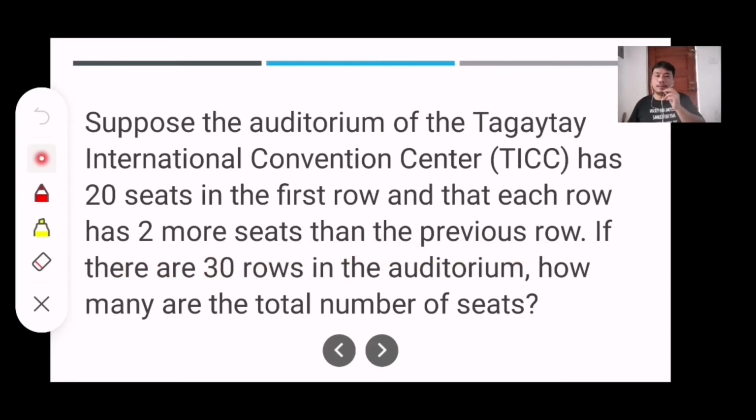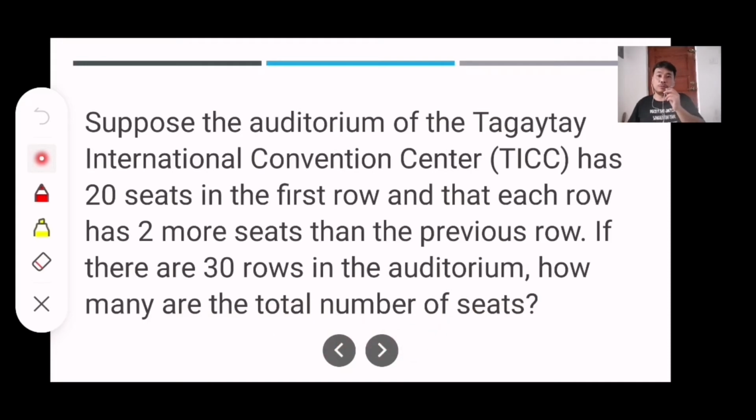Meaning, from the first row, which is 20, yung mga susunod na row, nadadagdagan ng 2. If there are 30 rows in the auditorium, how many are the total number of seats?